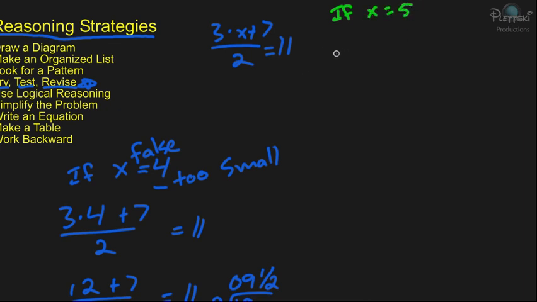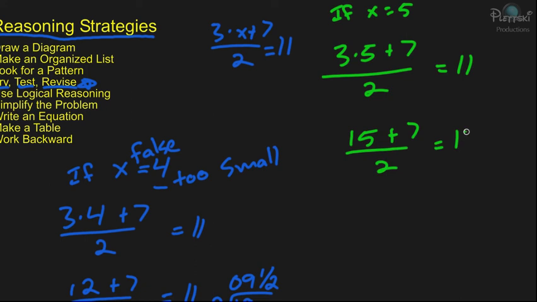Let's test it. So we have 3 times 5 plus 7 divided by 2 equals 11. Now 3 times 5, that's 15. So we have 15 plus 7 divided by 2 equals 11. And then 15 plus 7 is going to give us 22. 22 divided by 2 equals 11.